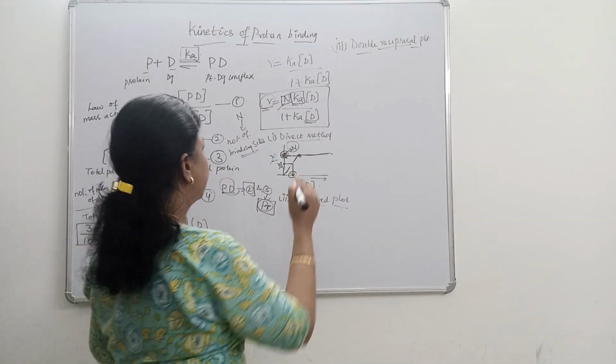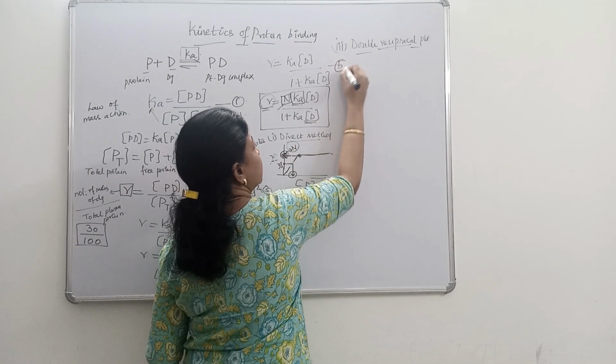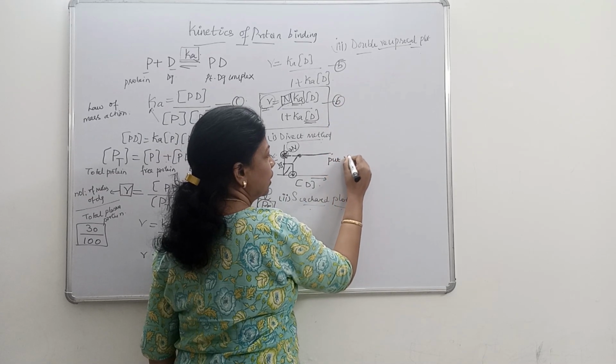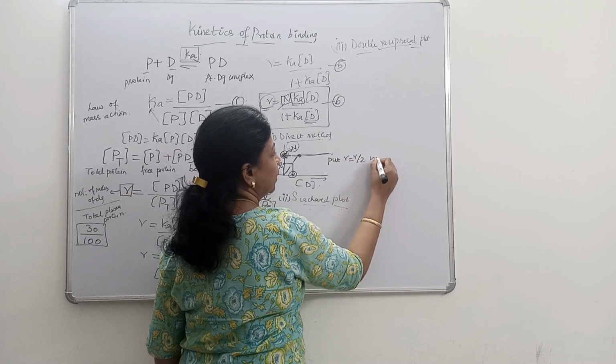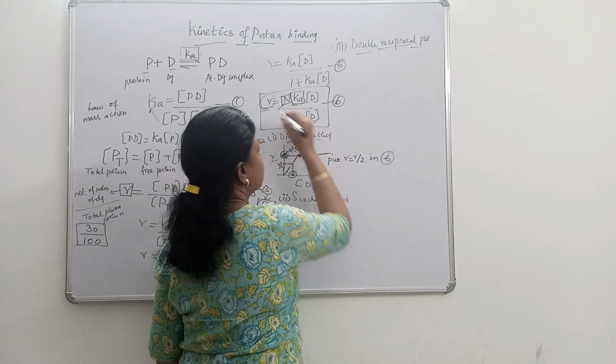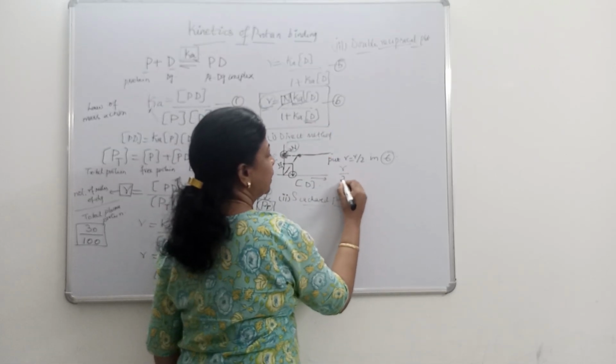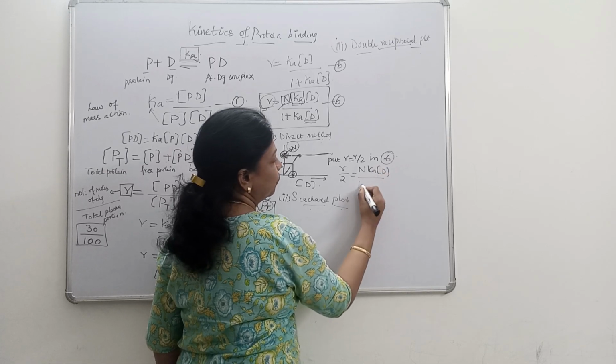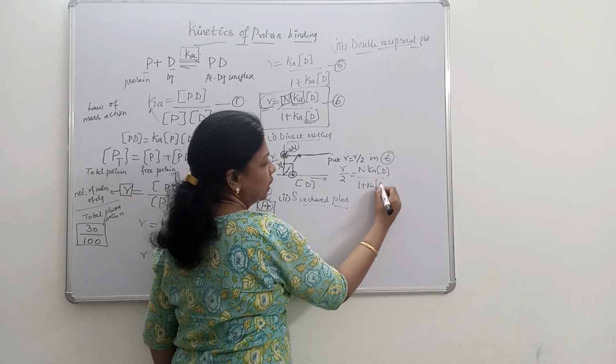Let us call these equation number 5 and 6. Put r is equal to r by 2 in equation number 6. Now r by 2 is equal to N into Ka into D upon 1 plus Ka into D.